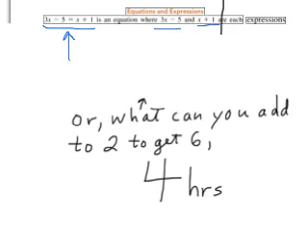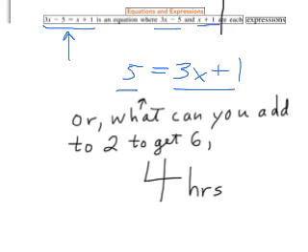When doing our combining like terms, we've been dealing with mostly, actually only, algebraic expressions. We've had a lot of expressions, and just a number, 5, could be considered an algebraic expression. 5 equals 3x plus 1, for instance. The 5 is an algebraic expression, and so is the 3x plus 1. I mean, they're both expressions.